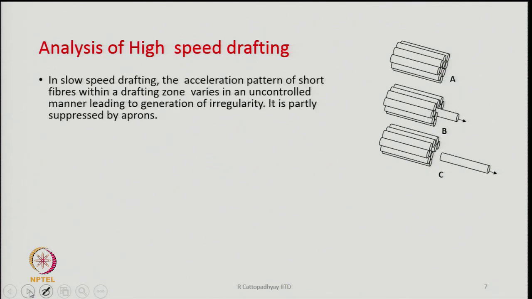Now, we will come to the analysis of high speed drafting. We all know that any drafting, especially with cotton, where short fibers are present, leads to the generation of drafting waves or a kind of irregularity, which we cannot avoid because the short fibers are there.